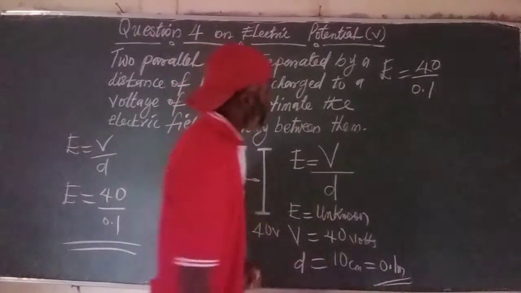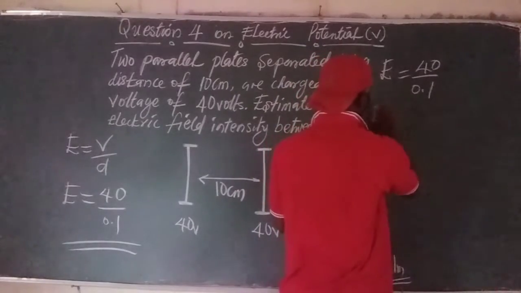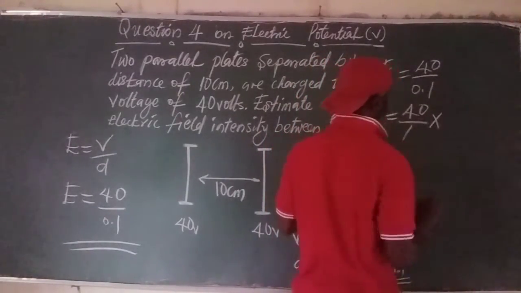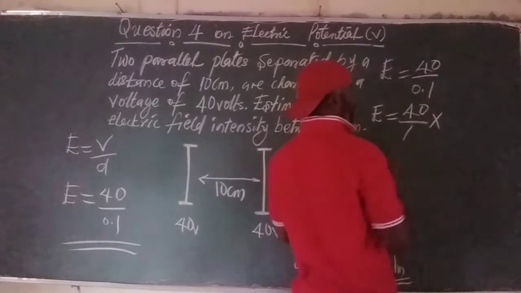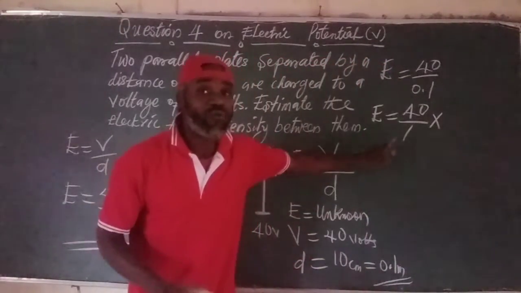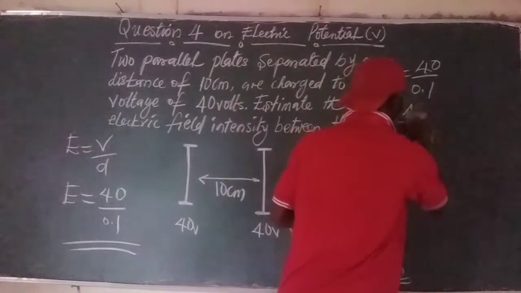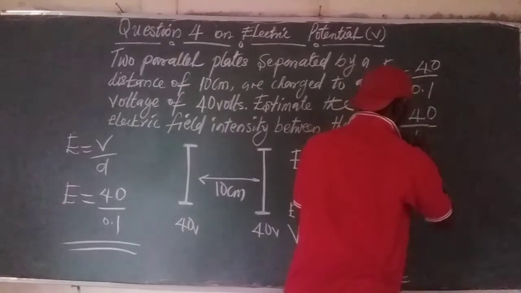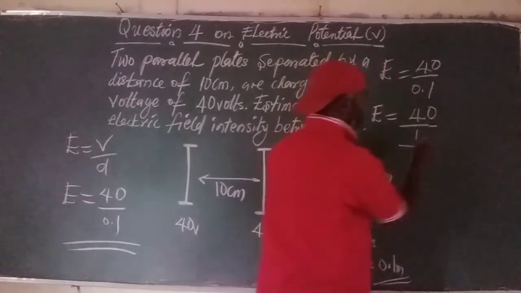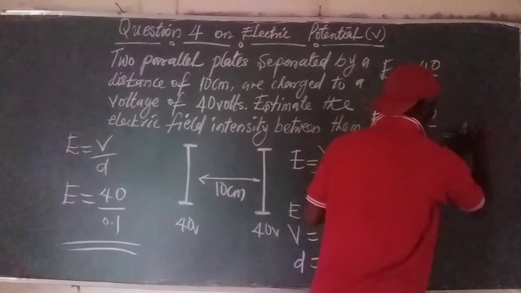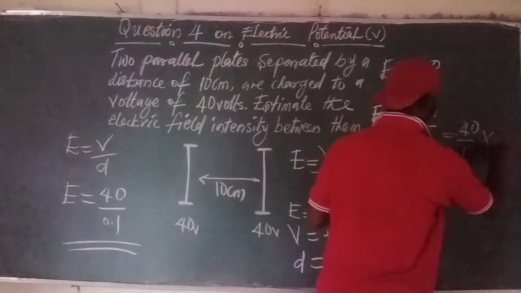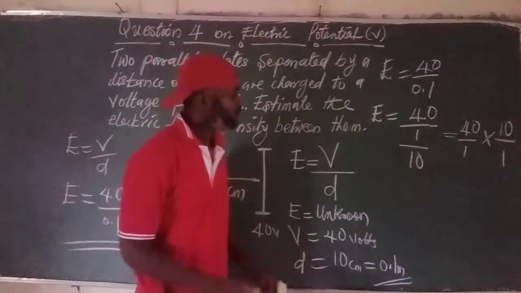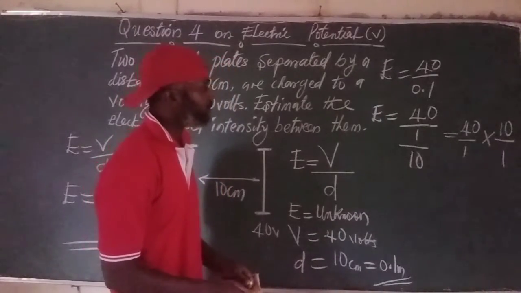Now, E is equal to 40 all over 1 over 10, and this simply means 40 all over 1 times 10 all over 1. Can you see? I think it makes sense now.